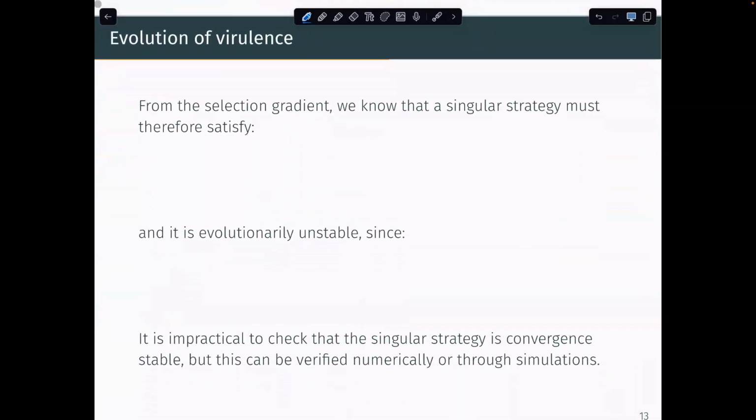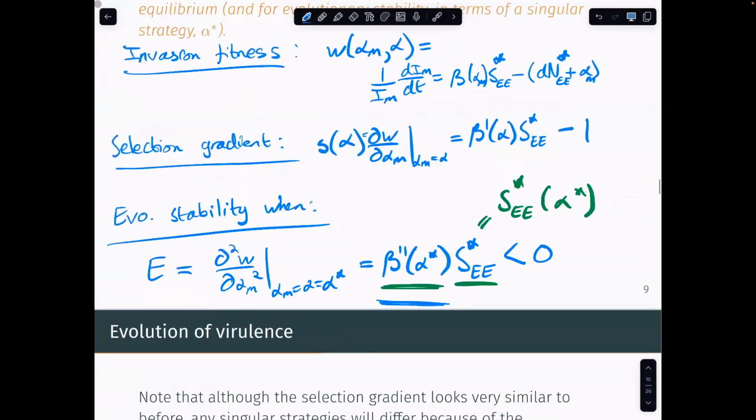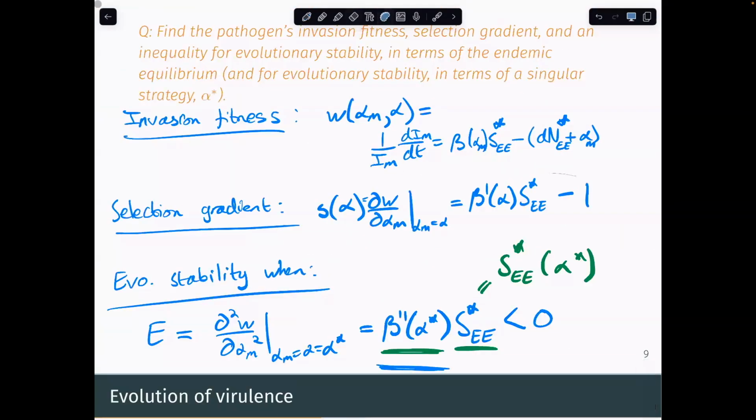So what do we know from our selection gradient? Well, let's just take it all the way back from up here. Where is it? Up here, this is our selection gradient.